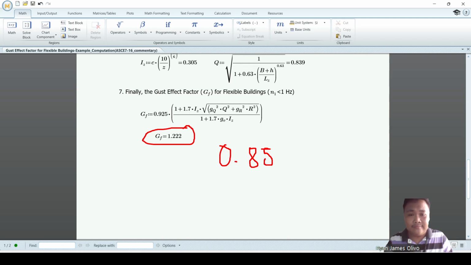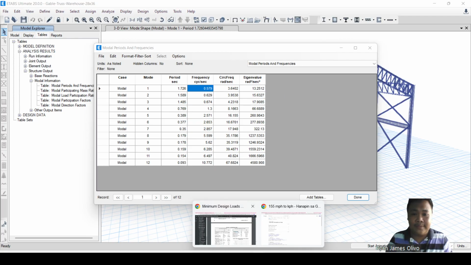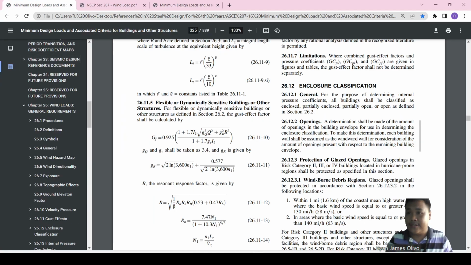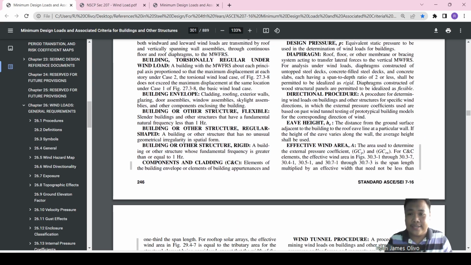As you can see in the computation of ETABS, it is flexible, no? The frequency is 0.579. That is the meaning of a flexible building based on ASCE. The meaning of flexible is a fundamental frequency less than 1 hertz.